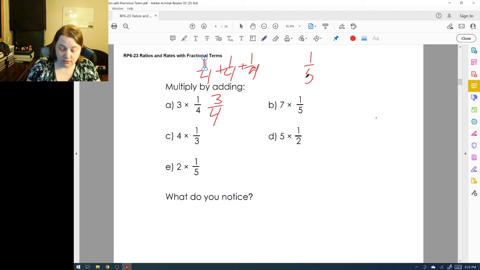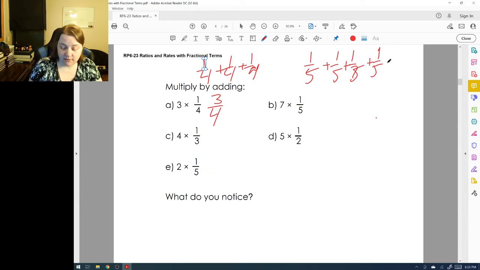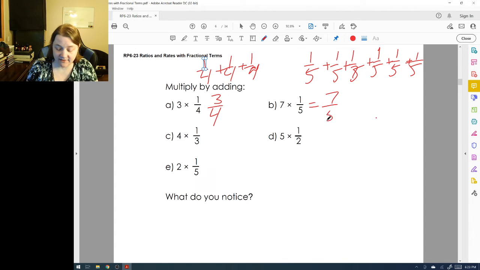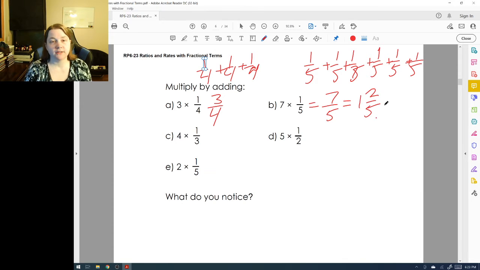Well, that would be 1/5 plus 1/5 plus 1/5 plus 1/5 plus 1/5 plus 1/5 plus 1/5. That's 7 1/5s. That means we have 7 fifths. 7 fifths is going to be the same as saying 1 2/5.